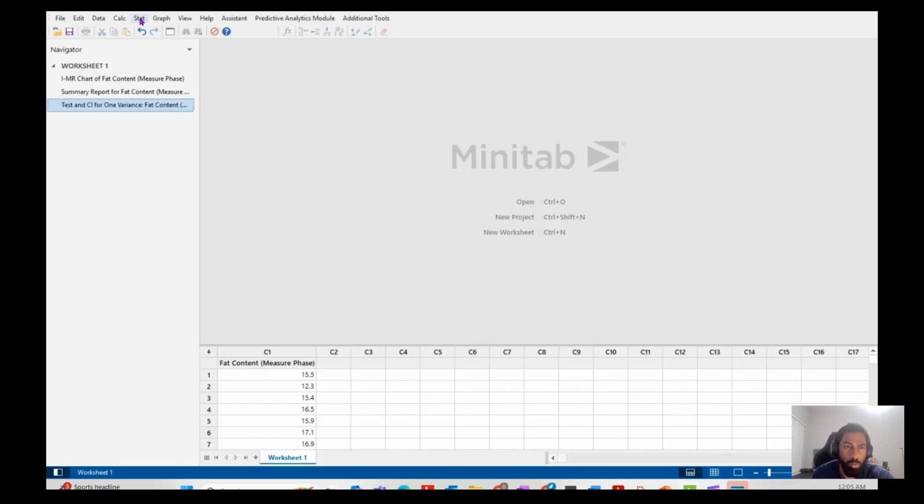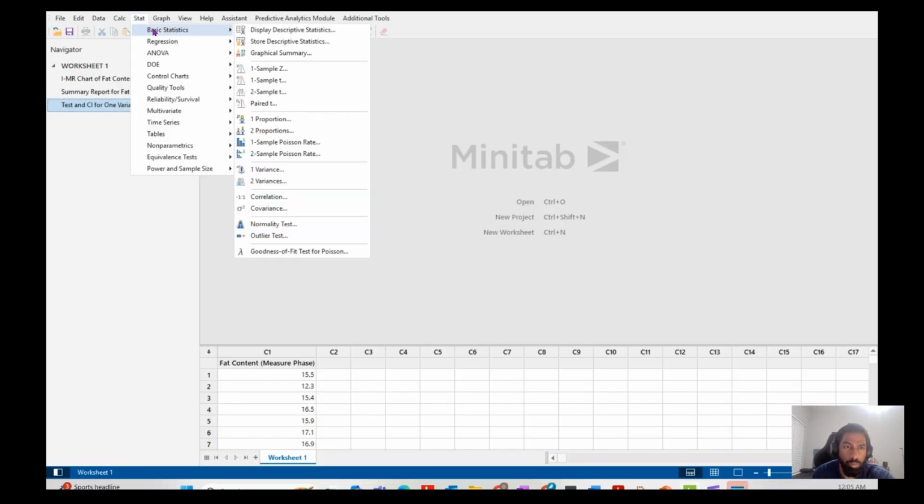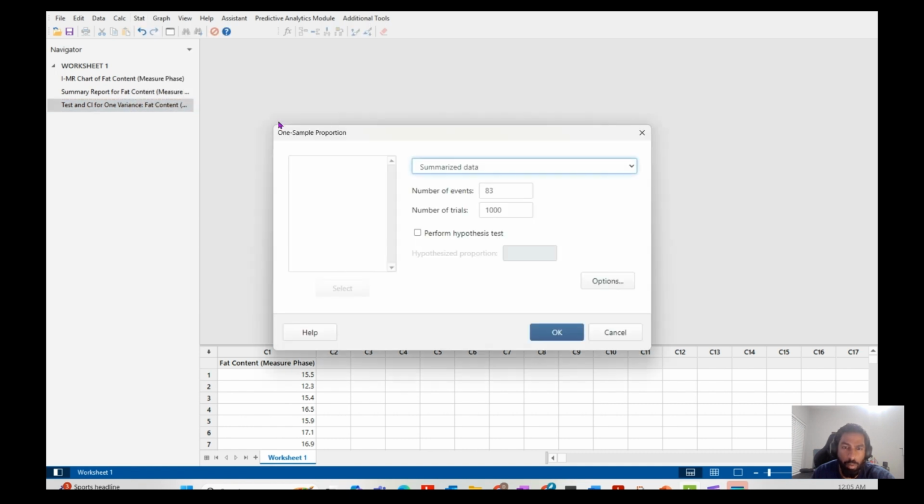In order to do the one proportion test, you go to Stats, you go to Basic Statistics, go to One Proportion. Here you can choose Summarized data. We know the number of events is 83, so we will write 83 here. And 1000 is the number of trials.